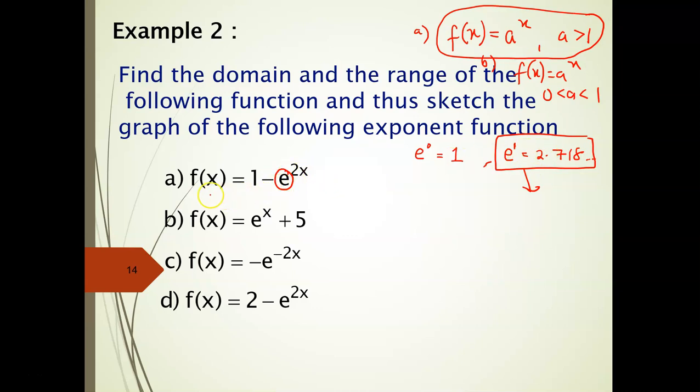Okay, so we look at this example, f(x) equals to 1 minus e^(2x). To avoid confusion, we rearrange the position first. We put negative e^(2x) in front plus 1.